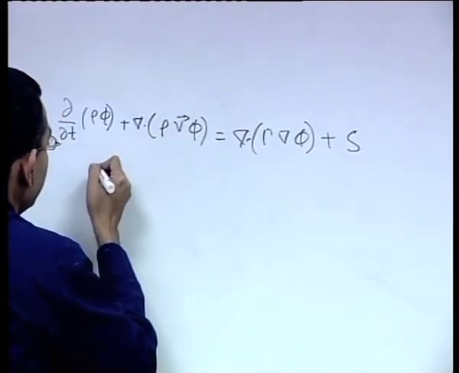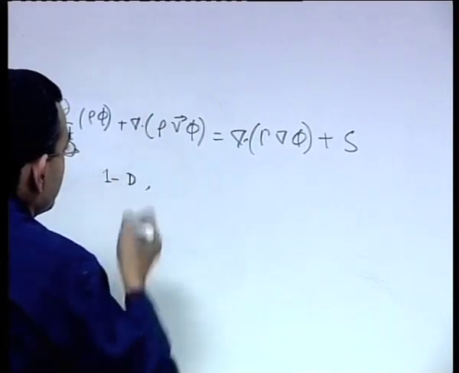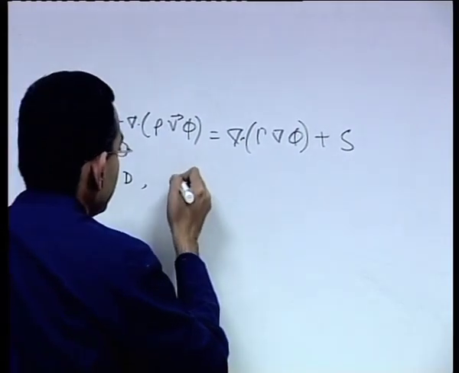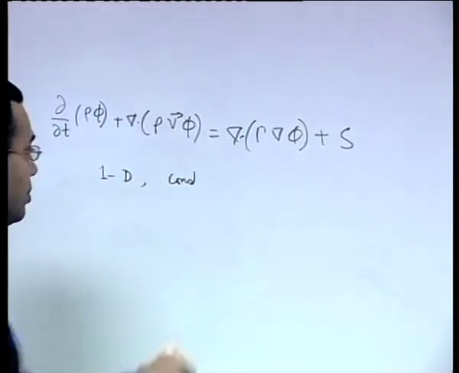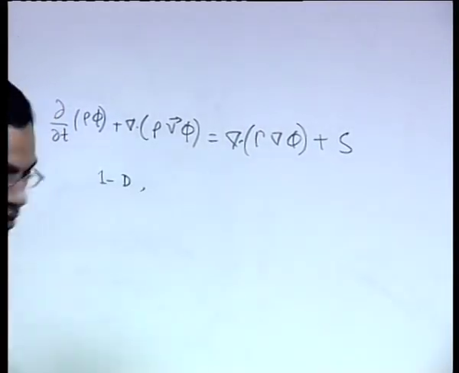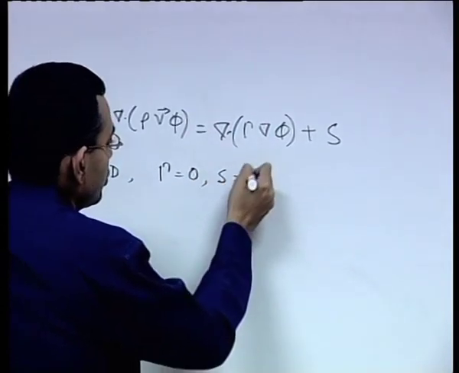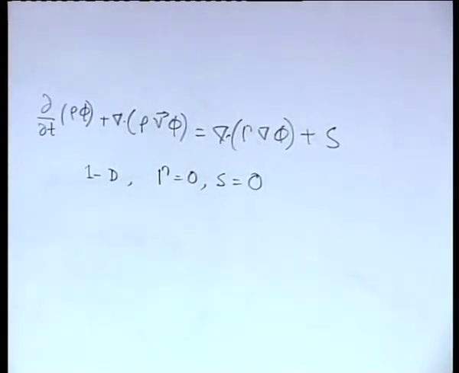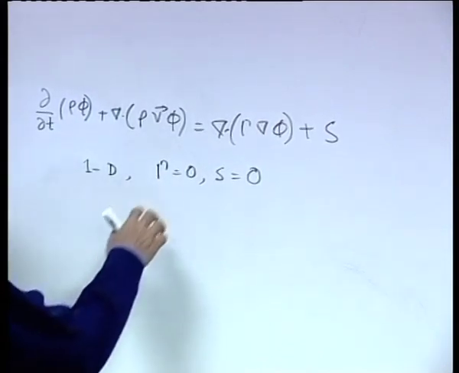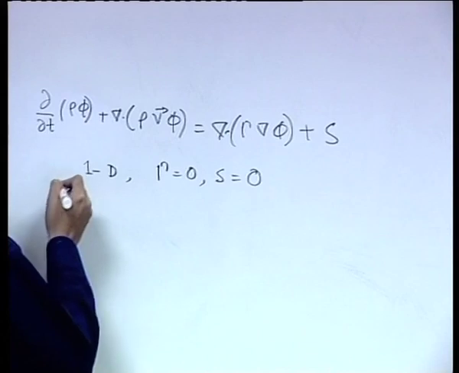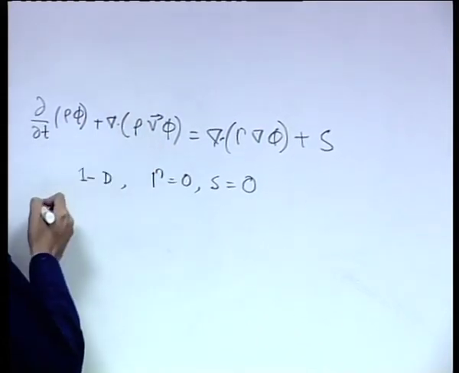Let us consider the following case: one dimensional, constant, or not constant maybe, 0 diffusion coefficient and 0 source term. So, if we have such a situation where there is no diffusion, then it is determined by the transient and the advection term.